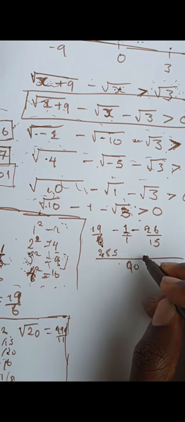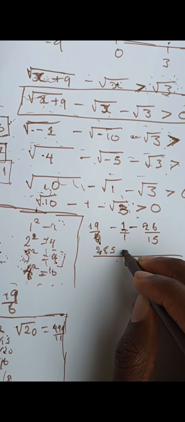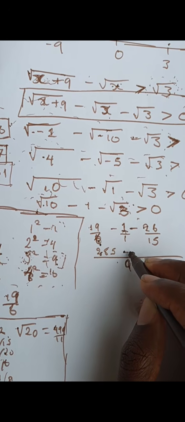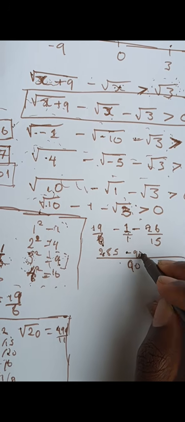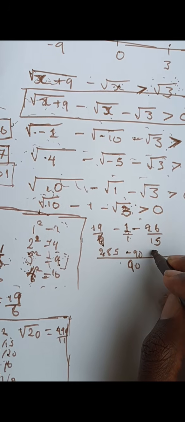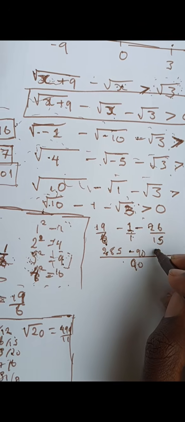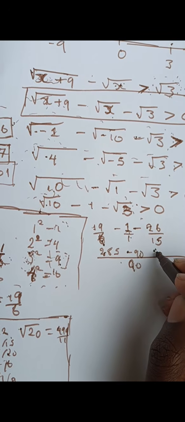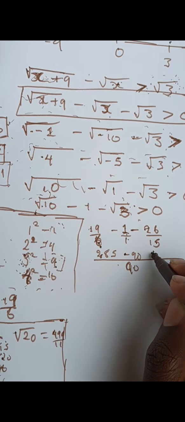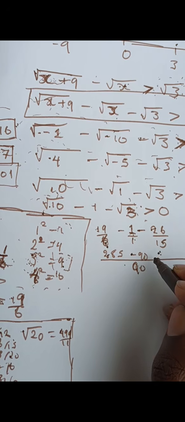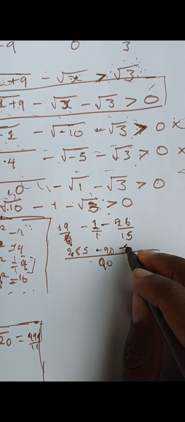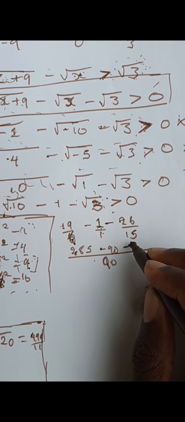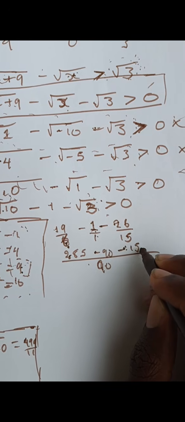This into 90 times 1 will give us 90, and this into 90 times 26 is going to give us negative 156.